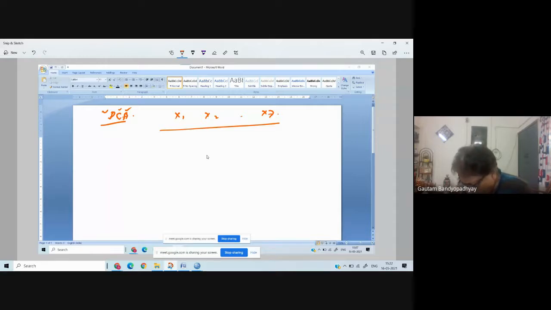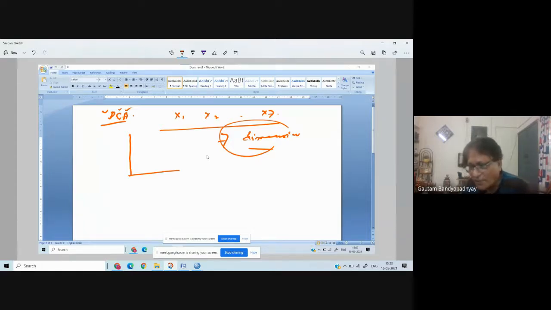So if we plot diagrammatically, it's very difficult, because 7 variables means 7 dimensions. It's not easy to visualize graphically. So that's why we need some dimension reduction. We need fewer dimensions, by which we can visualize graphically. So that is the main objective.